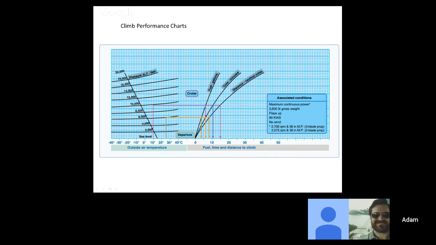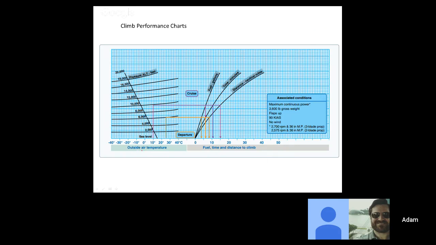Now this is pretty cool stuff, because if you're flying a complex aircraft that potentially burns a lot of gas, then your climb fuel burn rates can be very important to you, as is the time to get there and how far you'll fly.